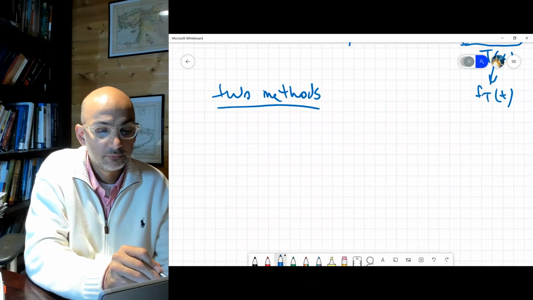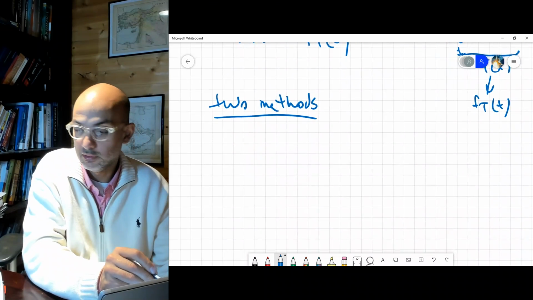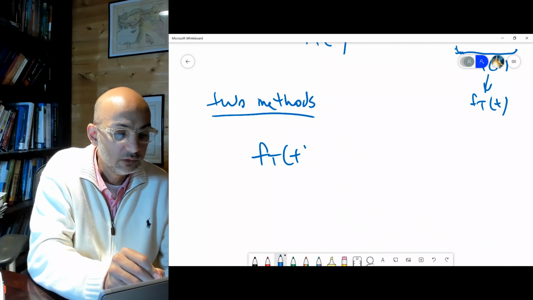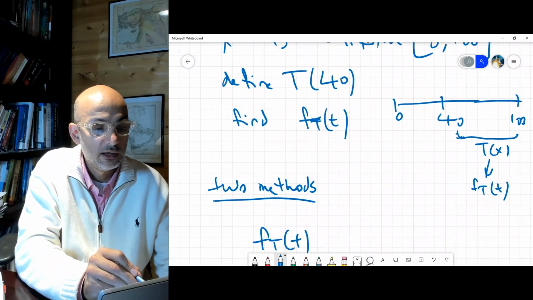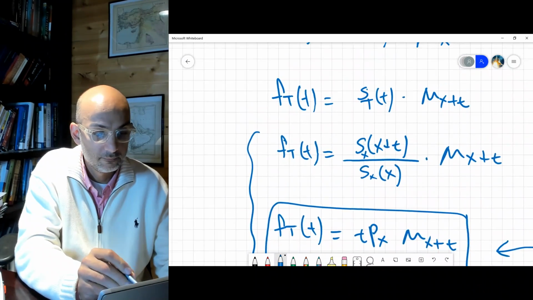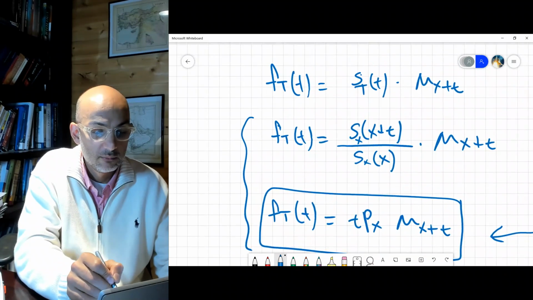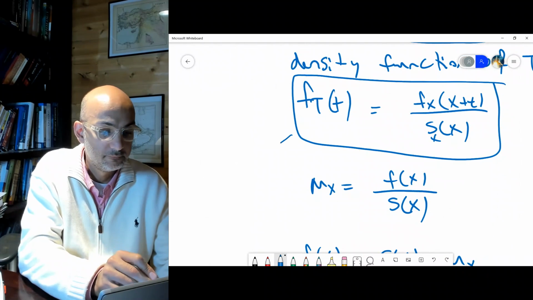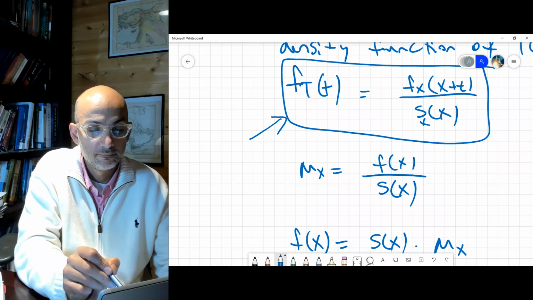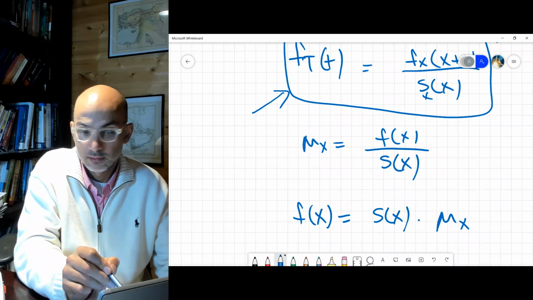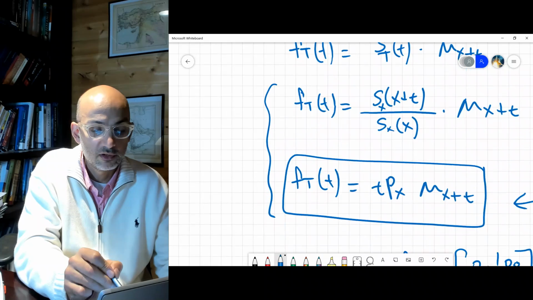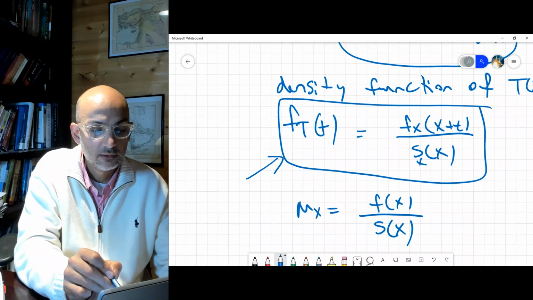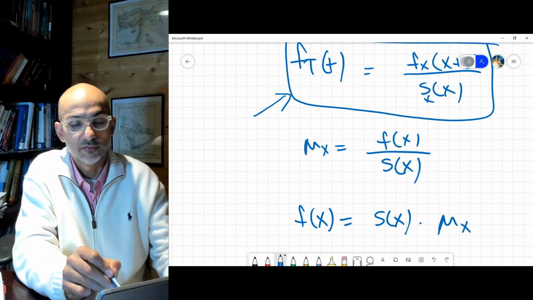So we need to find f of t for the uniform distribution. The first method is the definition itself, which I already gave you. Any one of those works, but let's take the first one. We take f of x divided by S of x, so f of x plus t.